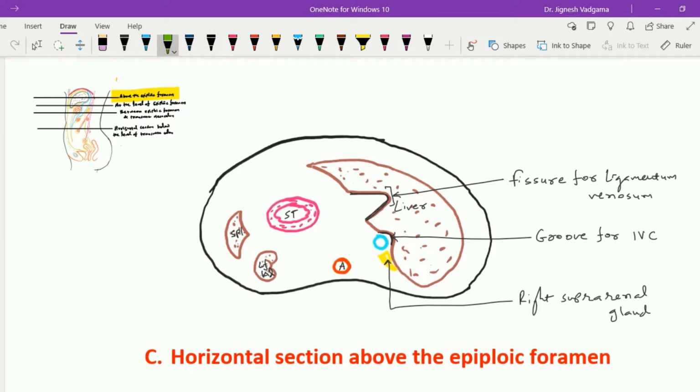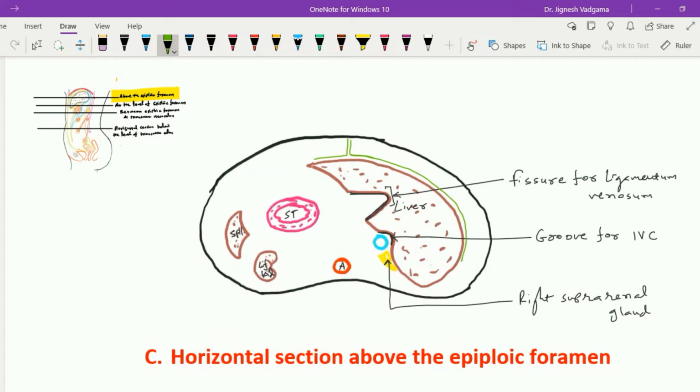So now let's trace the peritoneal layers on the liver. The falciform ligament approaches from the anterior abdominal wall, and it has a right and a left layer. When we trace the right layer of the falciform ligament, it covers the anterior surface and the right lateral surface of the liver and reaches up to the bare area of the liver.